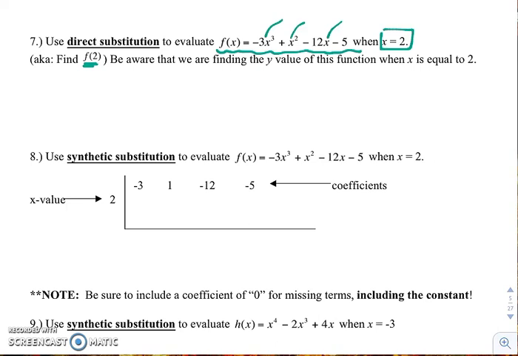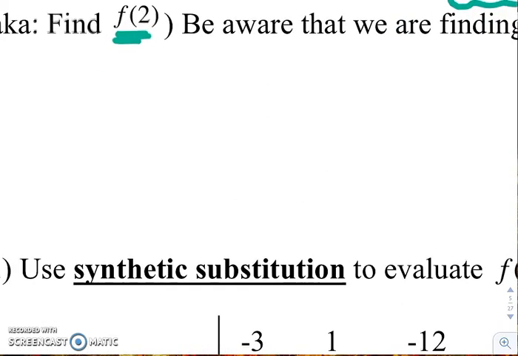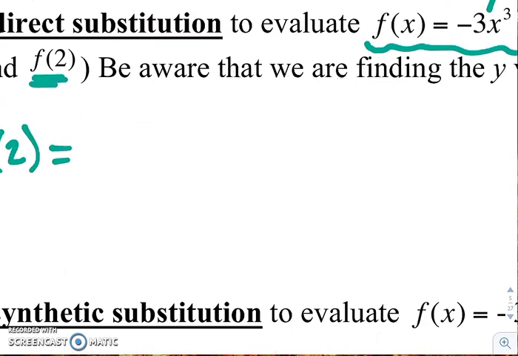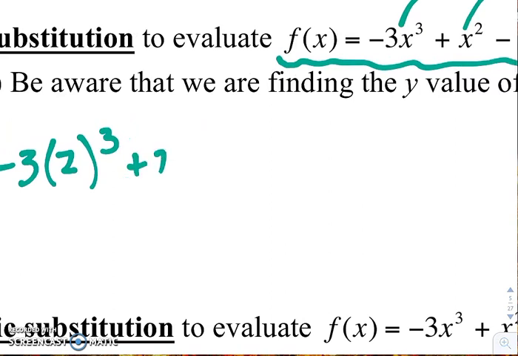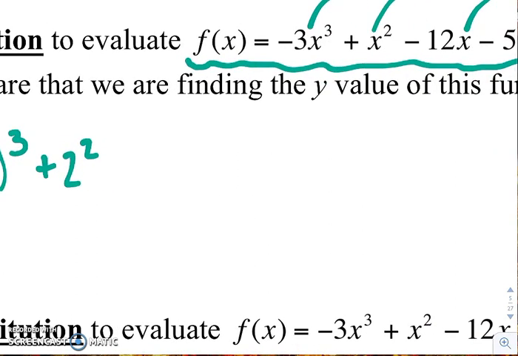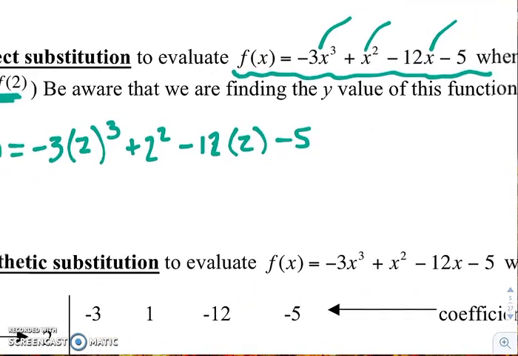So instead of f of x, this is your function notation, we're going to say the function when the value 2 is substituted in equals -3 times 2 cubed plus 2 squared minus 12 times 2 minus 5. And then we'll just simplify.